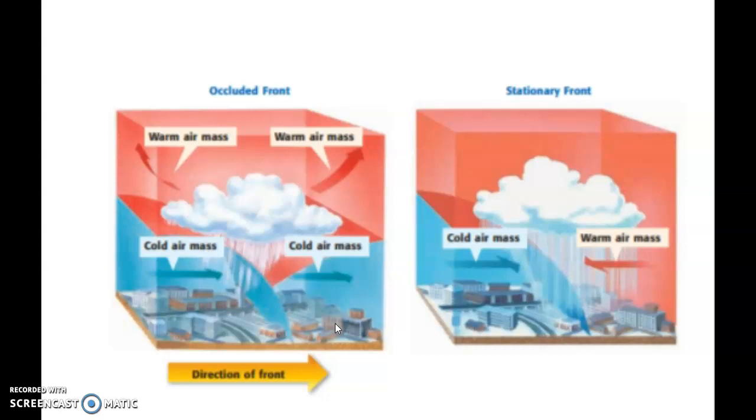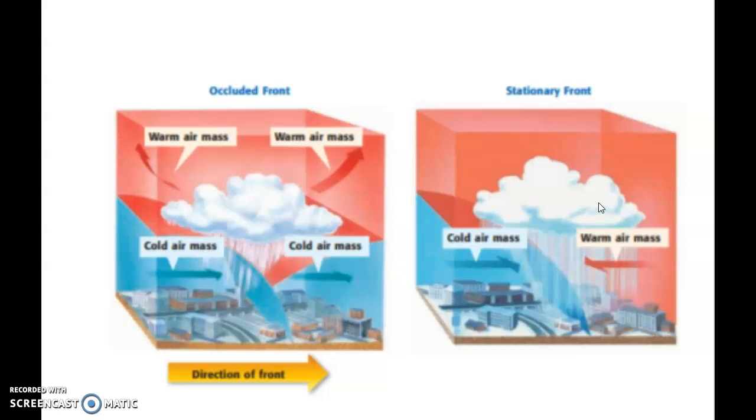So this is when the warmer air mass is trapped in between two different cold air masses. Again, the direction of the front is towards the right, so you can see the cold air pushing towards the right until it meets another one. And that brings us to the fourth and final front, which is the stationary front.